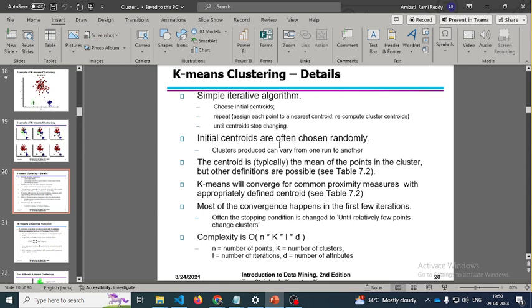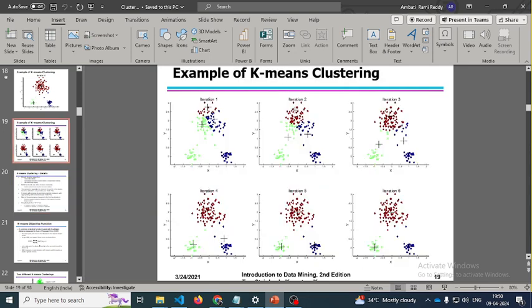So the initial centroids are often chosen. Initially you want to choose one centroid. That centroid will be chosen randomly, because at the initial value you don't know which one is the centroid. Initially they are assuming one centroid is here, another one is here, another one is here.